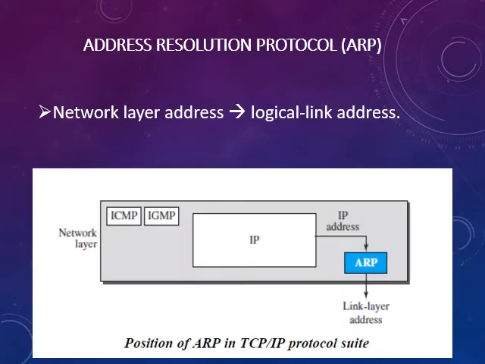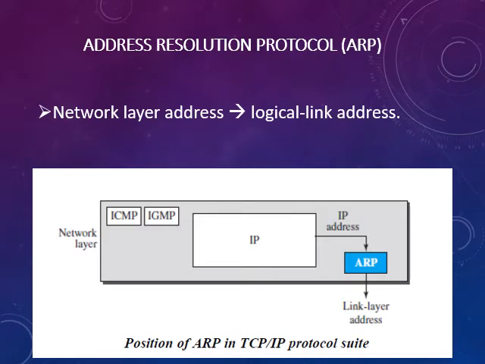Now let's look at another protocol that is available in the link layer, which is the Address Resolution Protocol, or we can call it ARP. The ARP protocol is used to map a network layer address to a link layer address. ARP accepts a network layer address, maps the address to the corresponding link layer address, and passes it to the link layer.